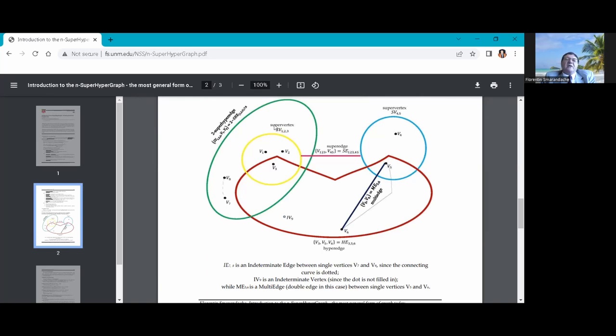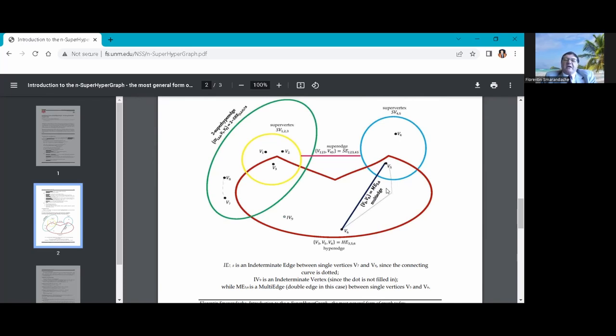So we put them together and they form a super vertex. Now V1, V2, V3 also consider here separately, but if we put them together, we form a super vertex. Now we have, for example, vertices V7 and V8, and we don't know exactly what kind of edge is here, what kind of connection. So this is an indeterminate edge.